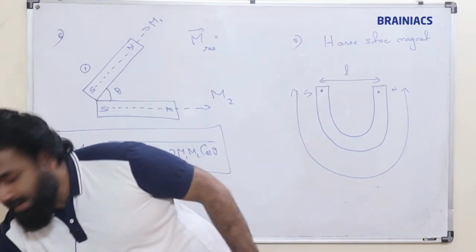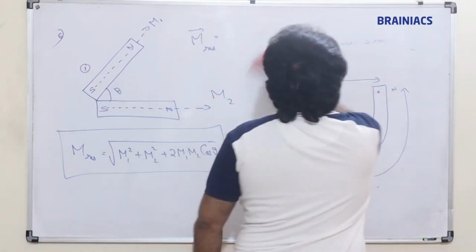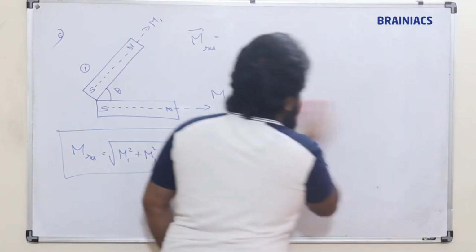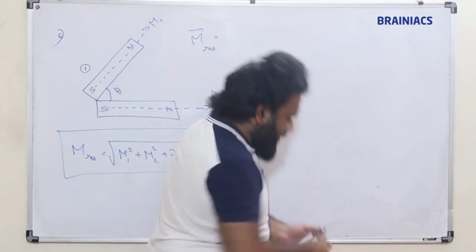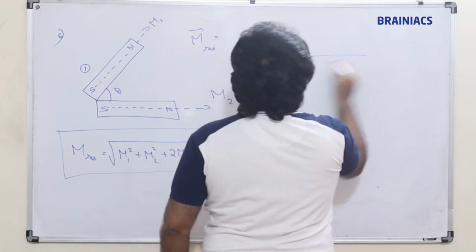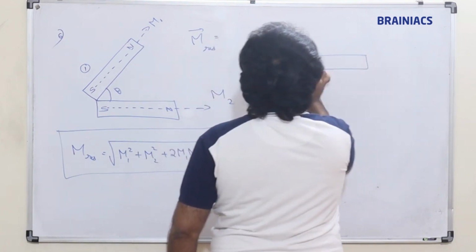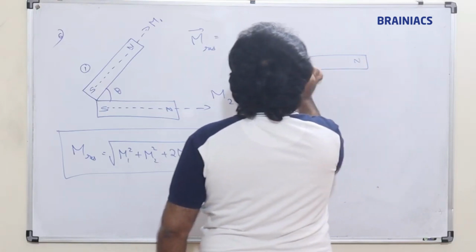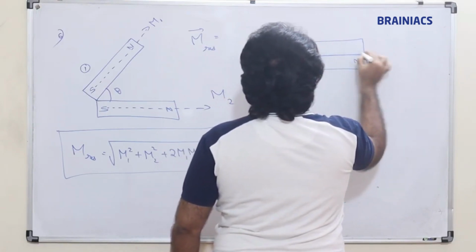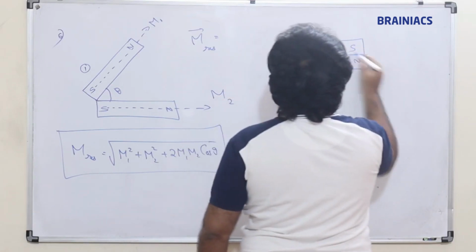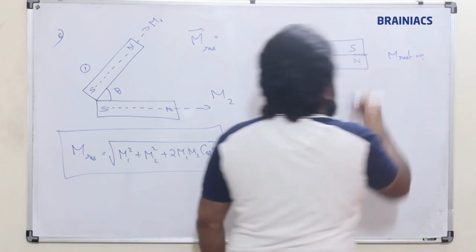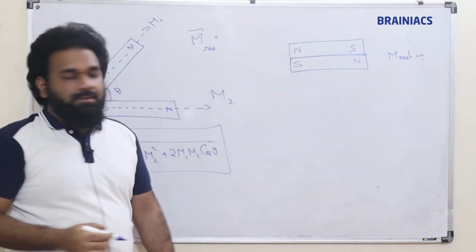Any angle can be given. For example, suppose we keep a magnet like this, south north, and another magnet is kept like this, north and south. What is the resultant magnetic moment of this?